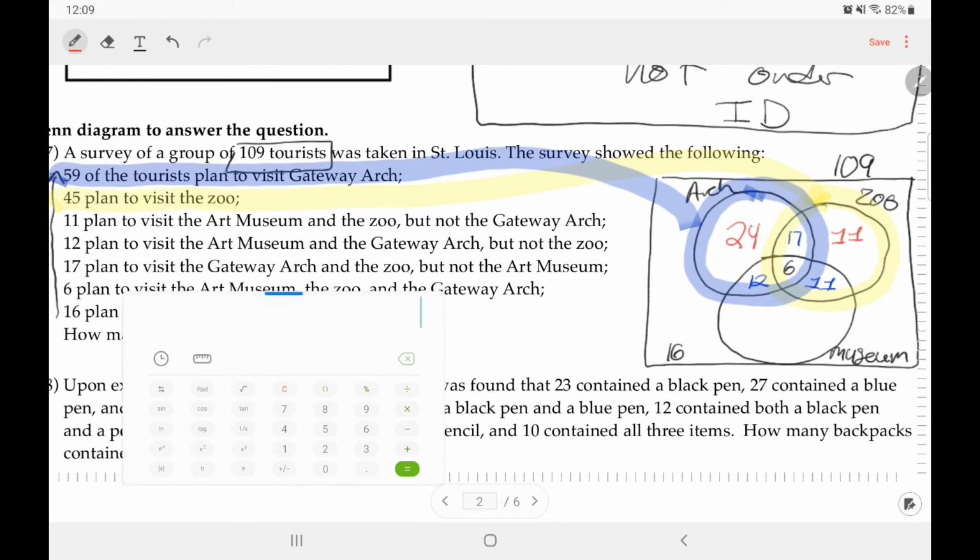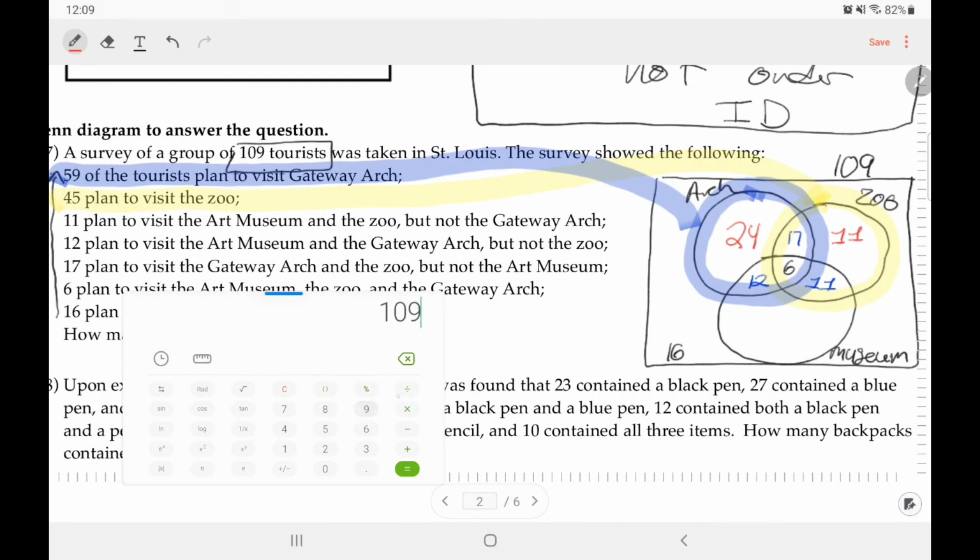So 24 plus 17 plus 11 plus 12 plus 6 plus 11 again and plus the 16 on the outside. Please do not forget about that 16. That equals 97. You're going to subtract 97 from 109.